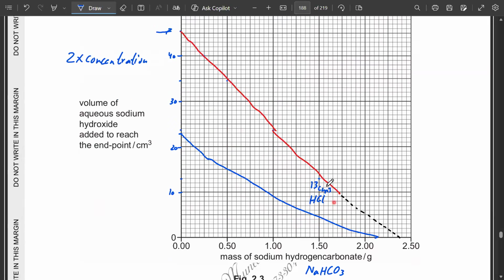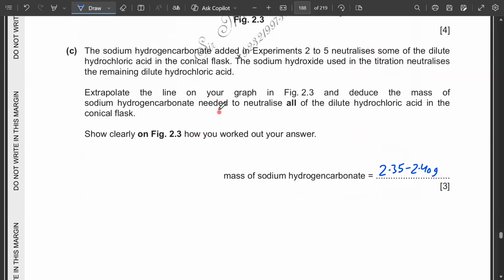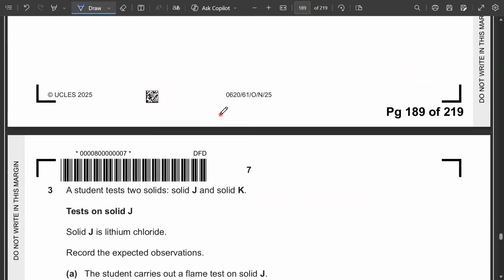If you try to do the same way, you can get the straight line. The line should go like this, and it will terminate over here between the range of 2 to 2.2, over here, this range. Your answer will lie somewhere here. So this will be your line F. This is your F line. So this is how you get a new line on the graph.